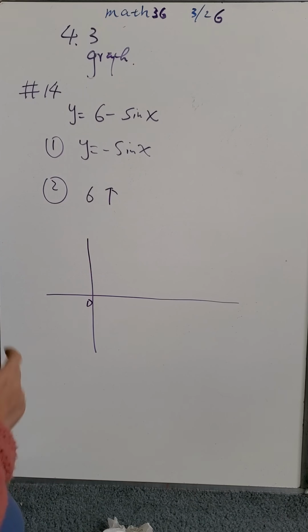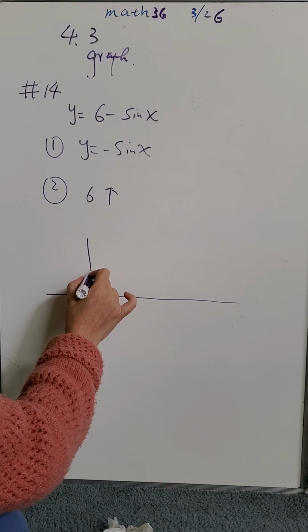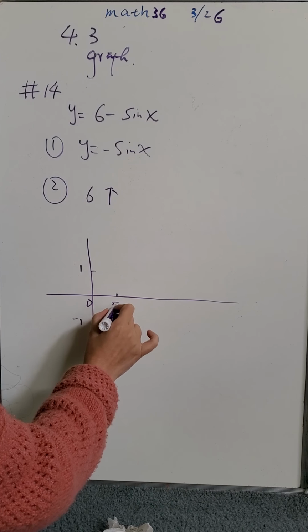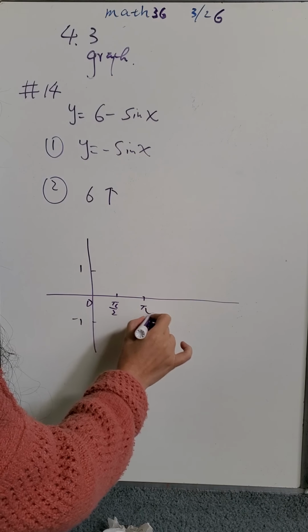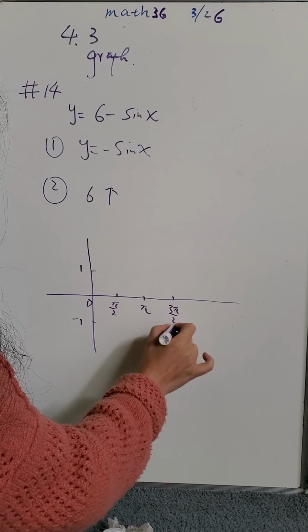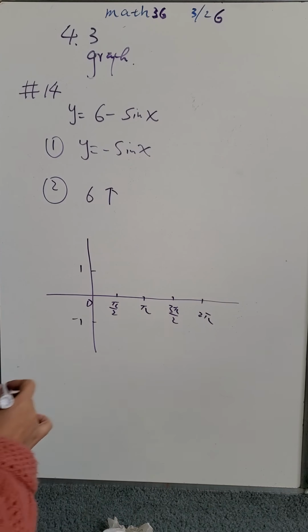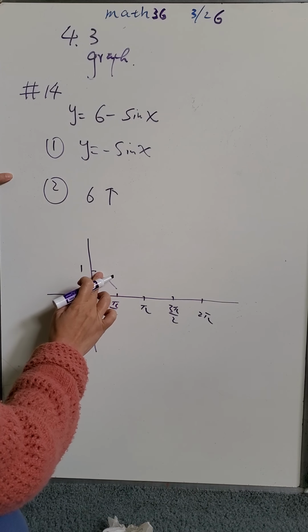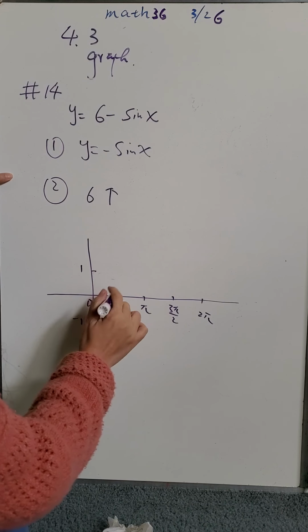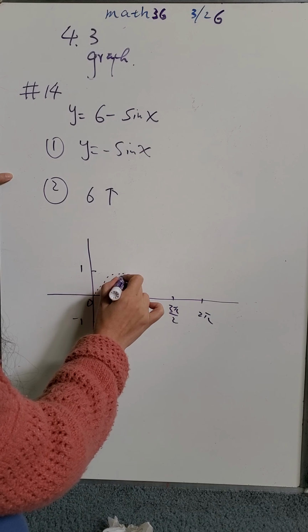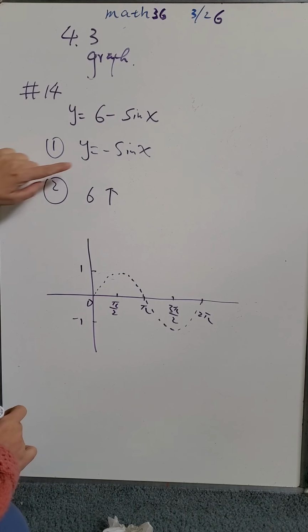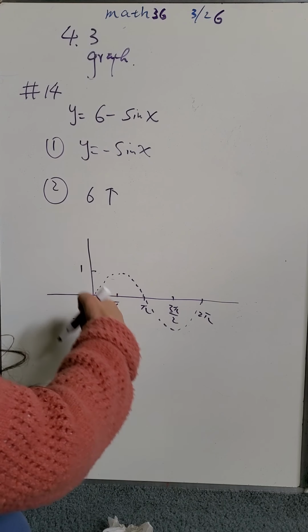We graph y equals sine x and then reflect, from 1 to negative 1, over 0 to 2 pi. Oh, this is a cosine graph. And reflection, so that means it's going to go down.